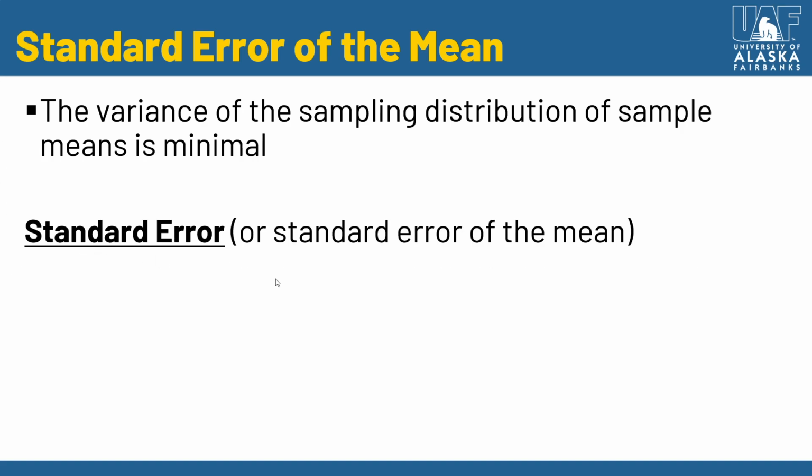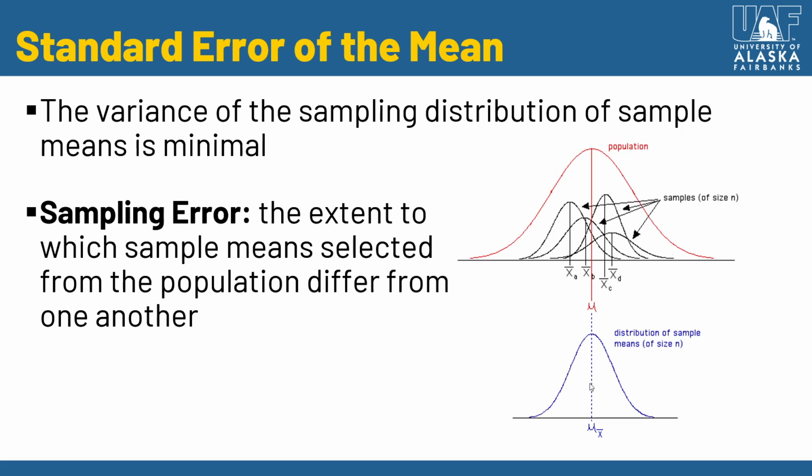So in other words, the standard error is the standard deviation of this, right? This is the sampling distribution of sample means. This has a standard deviation, right? We can quantify that. And the standard deviation of this is known as standard error, right? So in other words, if we have a really large standard error, it means that there's a wide variance here, which means that we just have a less representative sampling distribution of the population.